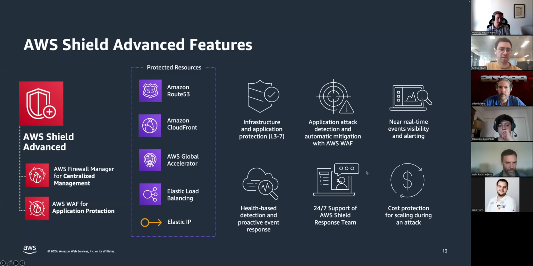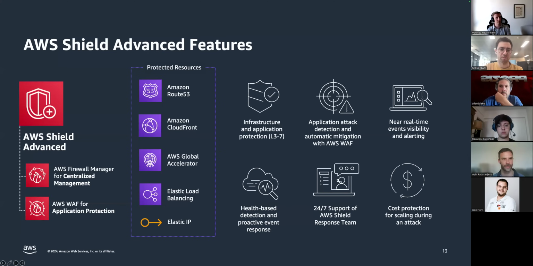Shield response team is the next piece here, and it's a 24/7 team at AWS for assistance during DDoS attacks. For example, they can help with very distributed layer 7 attacks, identify the access pattern, and then write WAF rules to mitigate it.